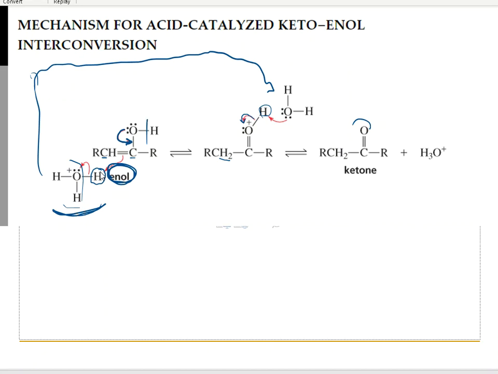Oxygen decides to get rid of this hydrogen. Where is it going to go? Well, water's there to take its place. So water will carry the hydrogen off, and oxygen sucks those electrons in, so that way it can become neutral all over again. All right, so that's how this mechanism really takes part.